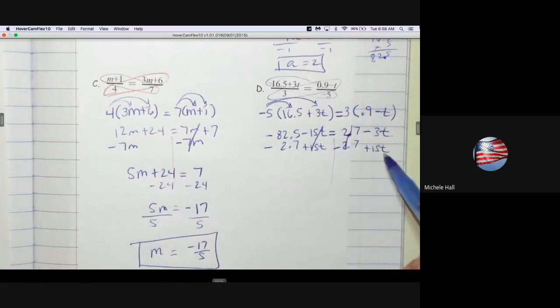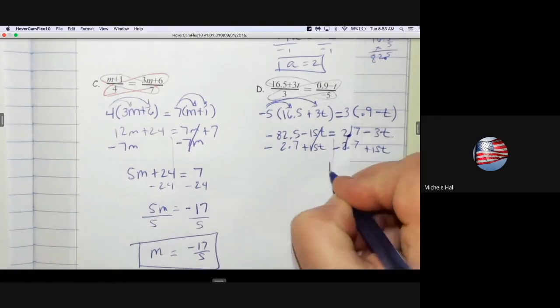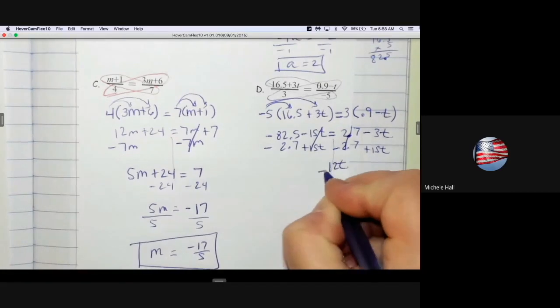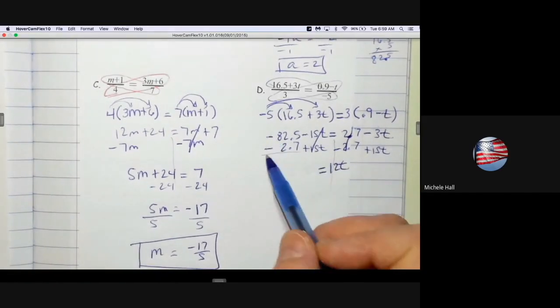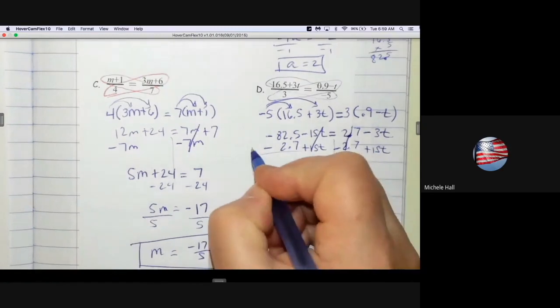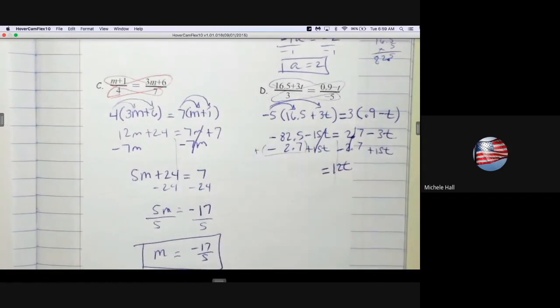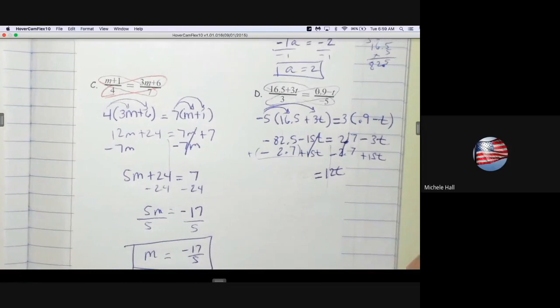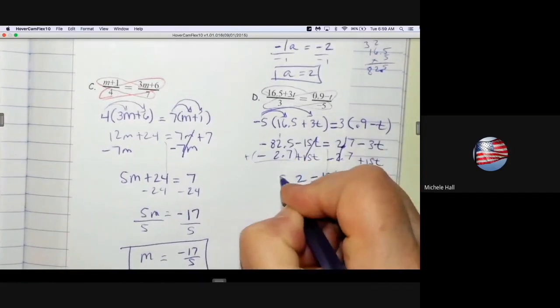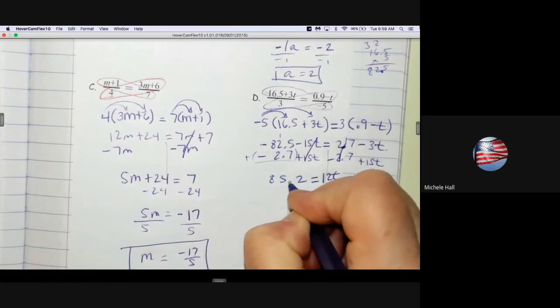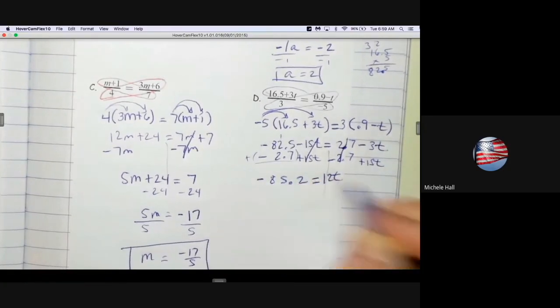We have negative 3t and positive 15t. 15 minus 3 is 12t equals, here I have two negatives. I'm going to add them up and keep the same sign. So that would be 12, carry the 1, 5, 8. Bring down my decimal, and that's negative 85.2.